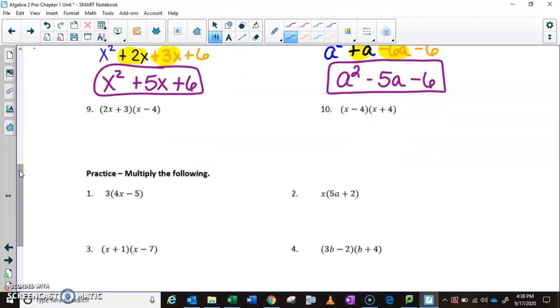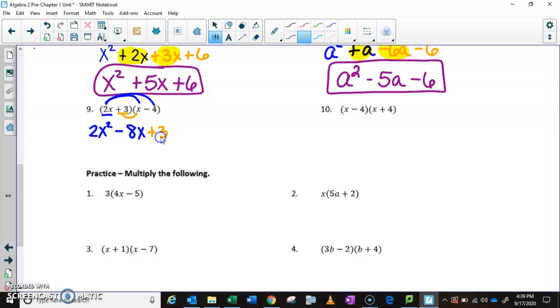Example number 9. The quantity 2x plus 3 times the quantity x minus 4. So we'll start with the 2x and distribute. So 2x times x. So x times x, 2 factors of x, so x squared. 2x times negative 4, so that's minus 8x. Then move to your inside, distribute positive 3.